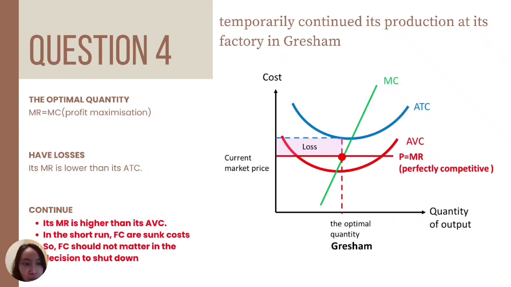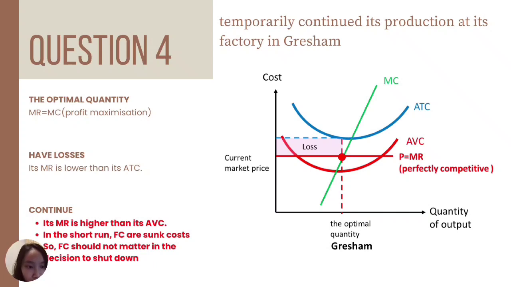And according to the question, it has losses. So its marginal revenue has to be lower than its average total cost. As you can see, the average total cost is the blue line and the marginal revenue is under it. So there is a loss, which is the pink area. You can see the picture. And why did it continue?